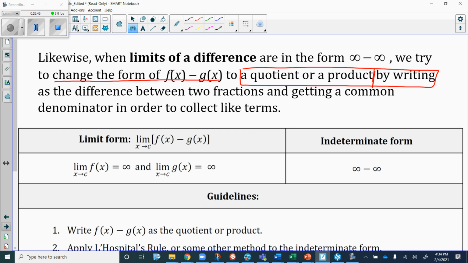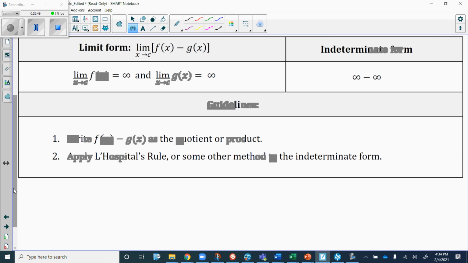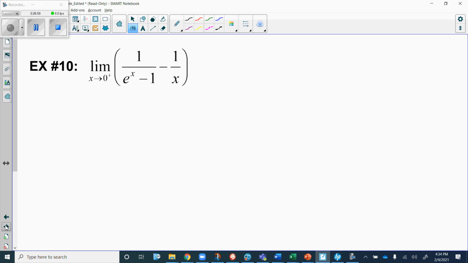And we see here, step 1, write the difference of the two quotients as a product or a quotient, apply L'Hopital's rule or some other method to the indeterminate form, and evaluate and see what you're able to get.